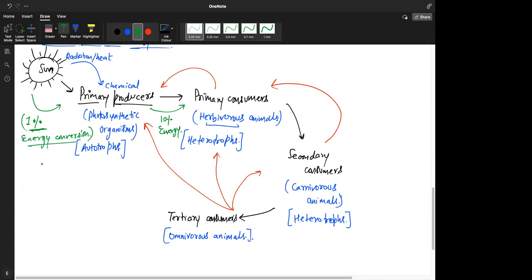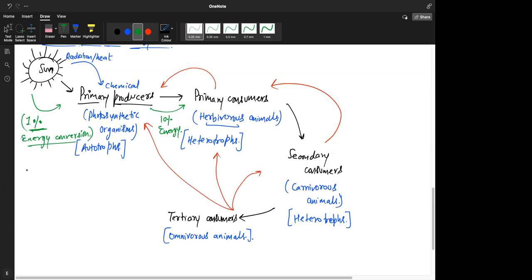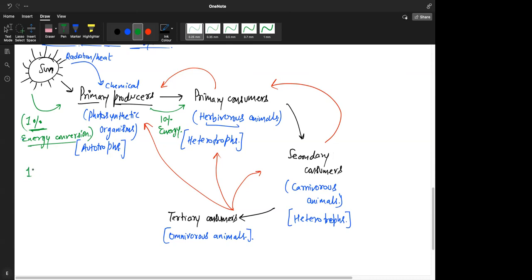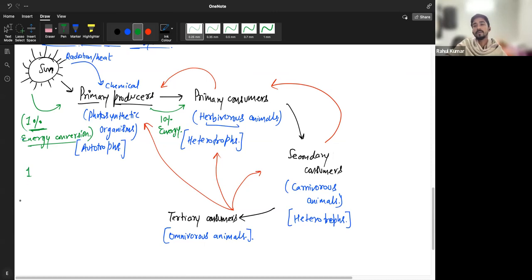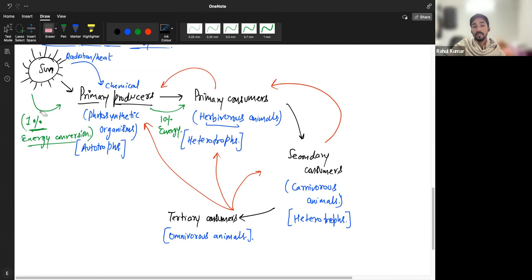Sorry, 1,000, right? It's the 1% rule, yes. From 1 lakh it will be 1%, 1,000. So here only it's 1%.